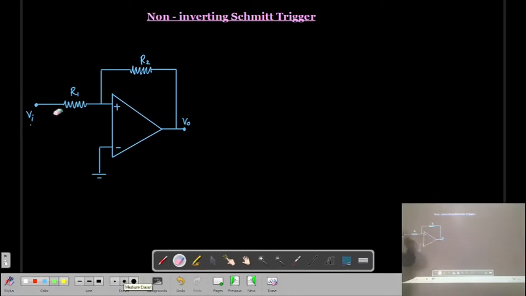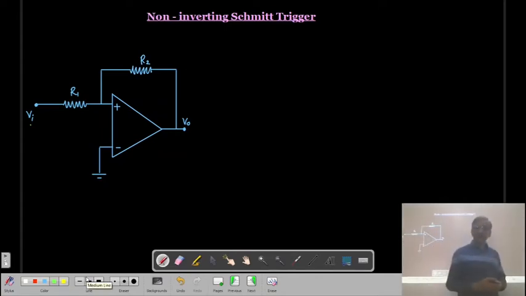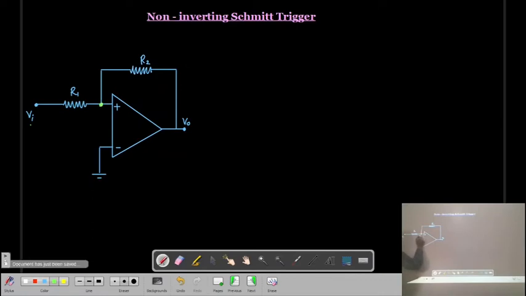So remember, here we have a kind of a positive feedback. And it is a Schmitt trigger circuit. So for the Schmitt trigger circuit, we have to find out what is the LTP and the UTP. Correct? So here the LTP and UTP depend on how much feedback voltage we have provided at this point.